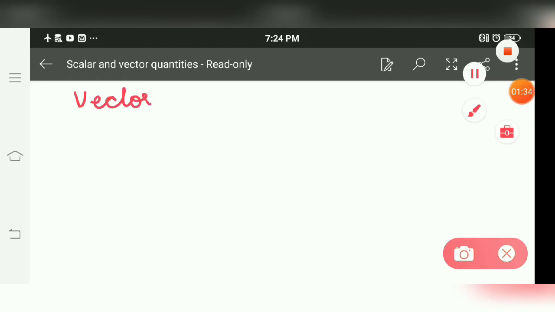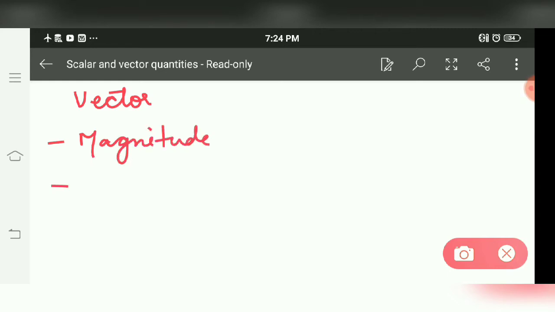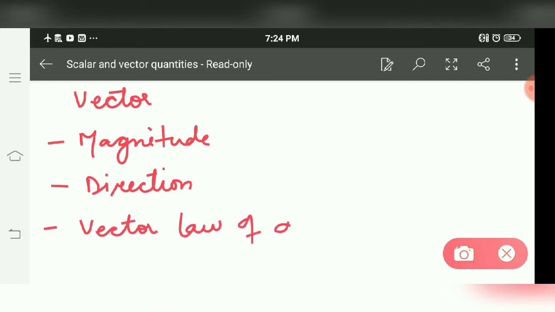which have magnitude, direction and they follow vector law of addition.